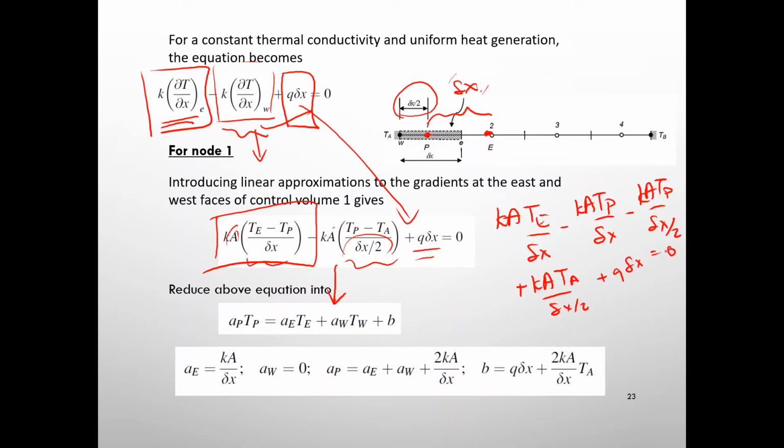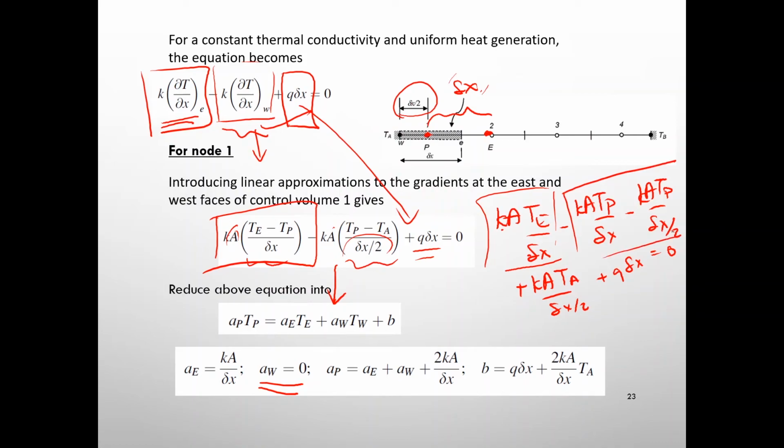Okay, so by factorizing P, E, and W, what you can get is that AE is equal to Ka over del x. Meanwhile, for W there is no TW here, so that's why we have AW equals to zero. And for the TP, you can get the AP from here.